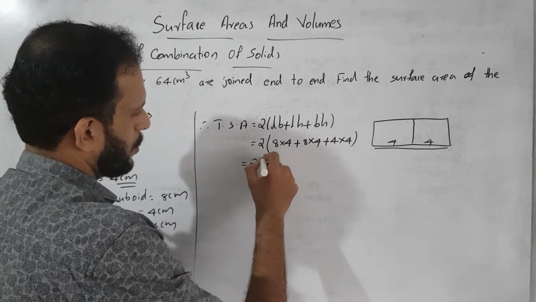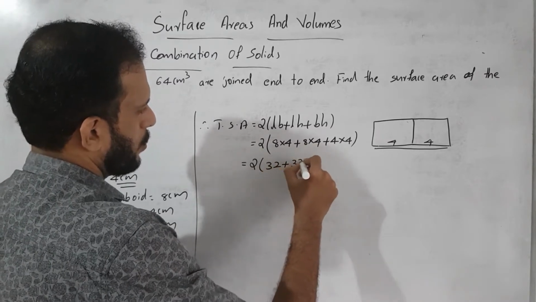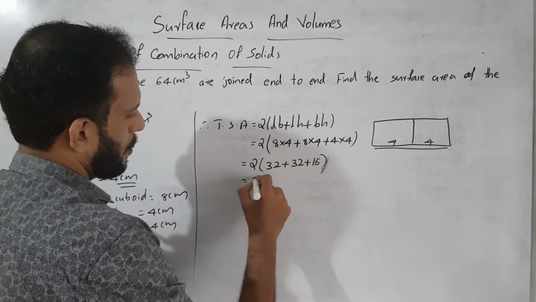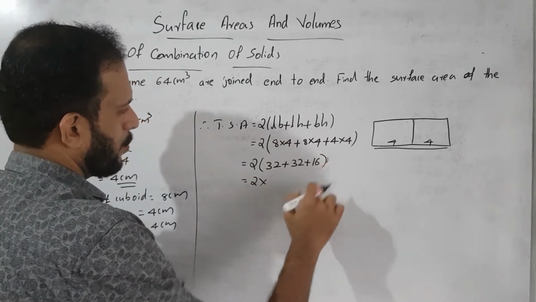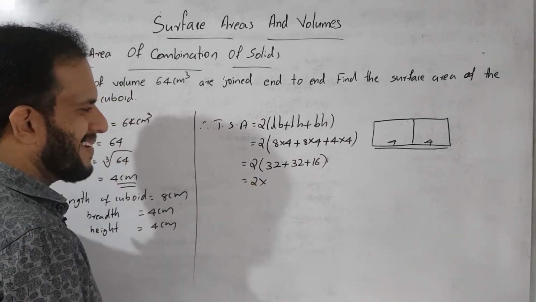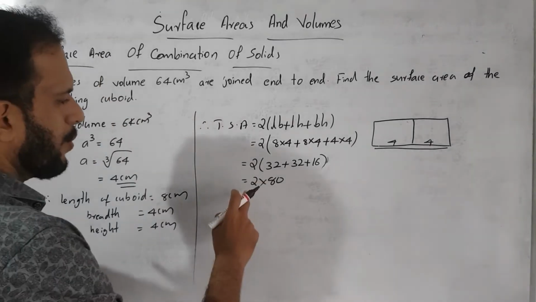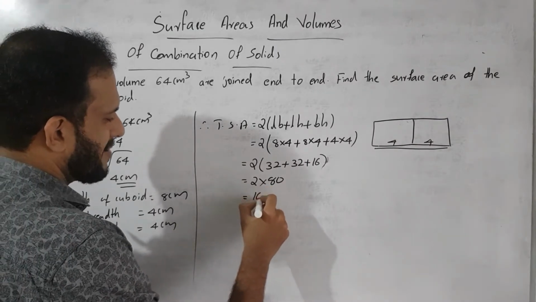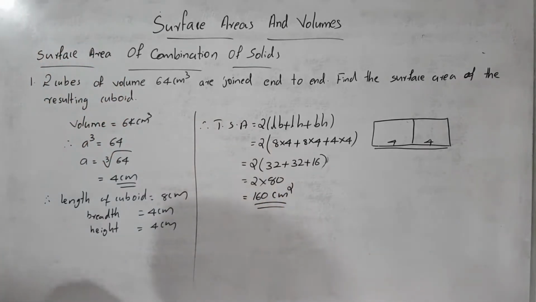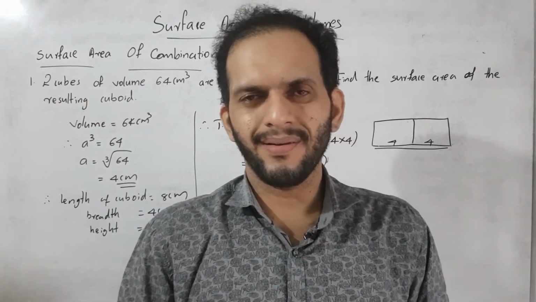That is 2 into (32 plus 32 plus 16). 32 plus 32 is 64, 64 plus 16 is 80. 2 into 80 is equal to 160 square centimeter. So the total surface area of the cuboid is 160 square centimeter.